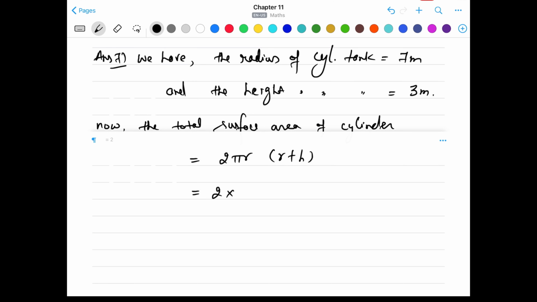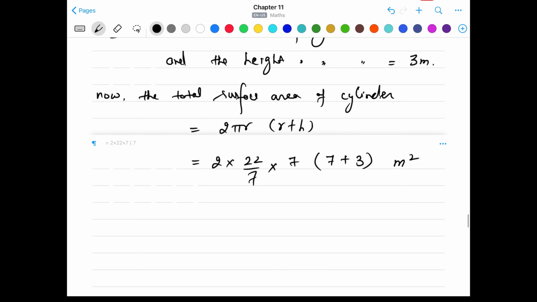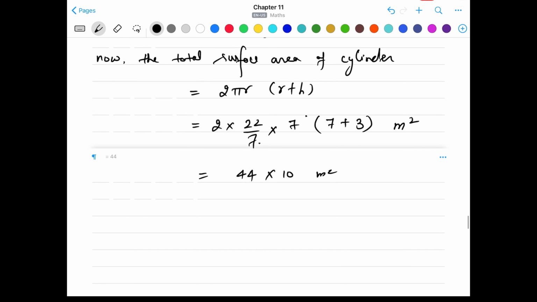We have 2 here, pi is 22 by 7, r is given which is 7, then inside the bracket r which is 7 plus height which is 3, unit will be meter square. So this 7 and the 7 will be cancelled out, so what we get is 2 into 22 is 44, and then we have 7 plus 3 is 10 meter square. So the result is 440 meter square.